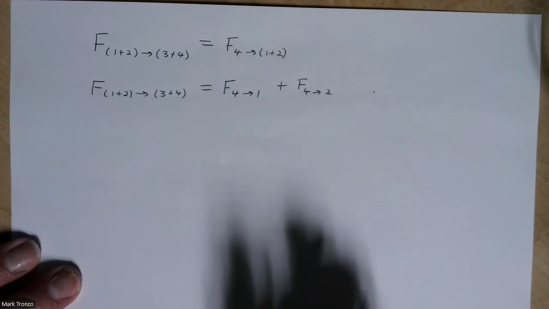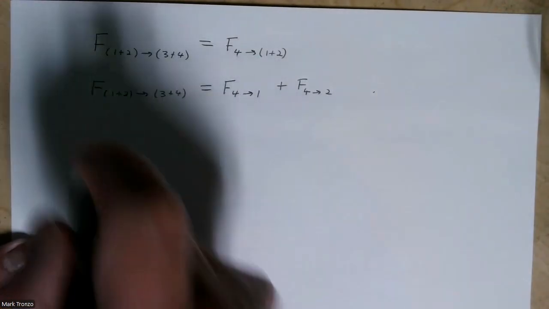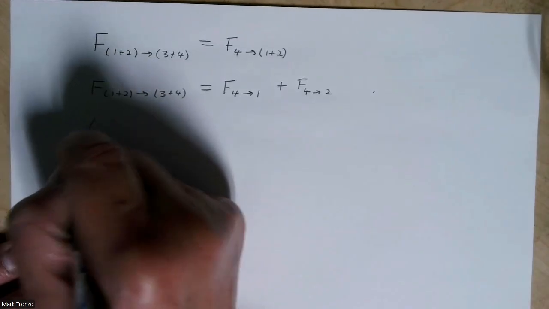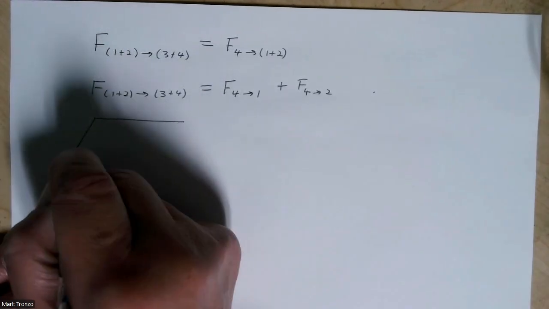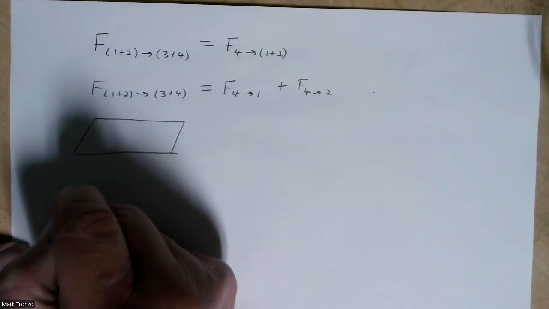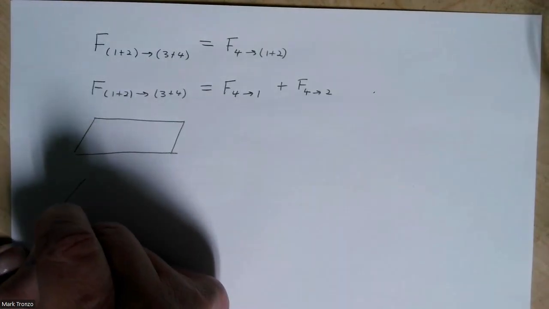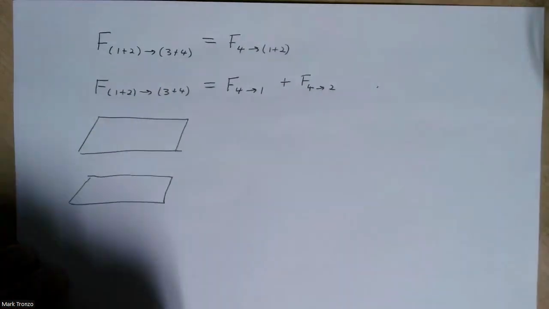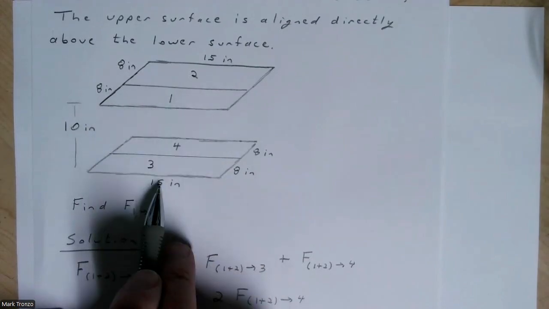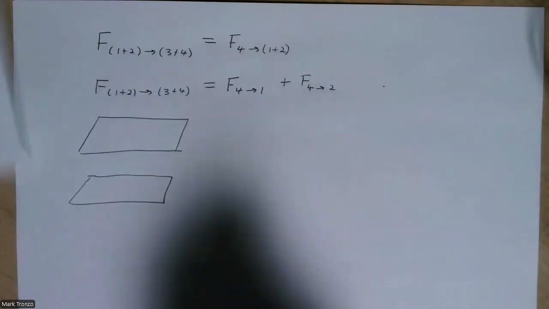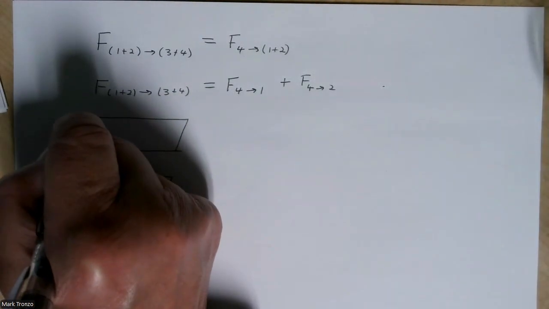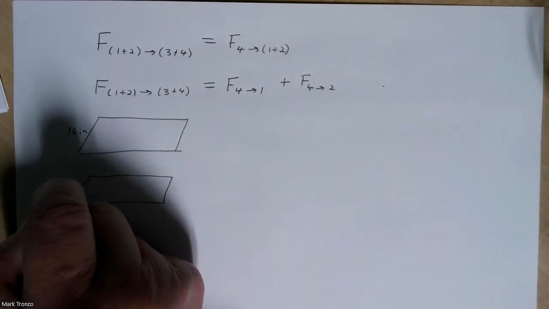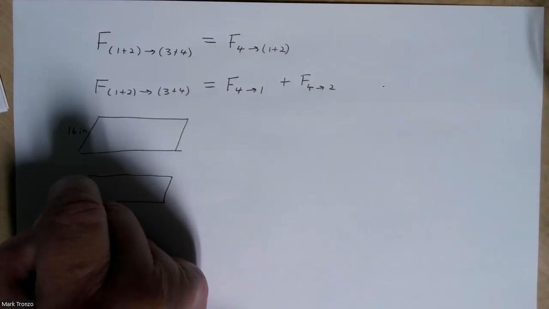So let's think about what we have. Let's actually make just a real quick picture. That's not very good, but that's going to be 1 to 2 and 3 to 4. And again, that's going to be a total of 16 inches.